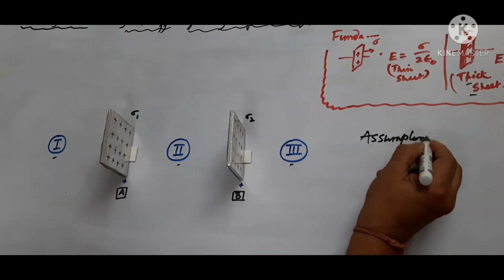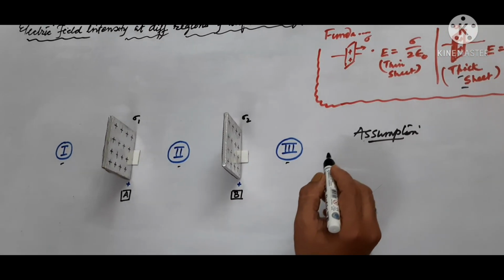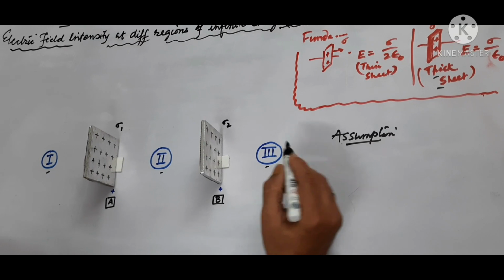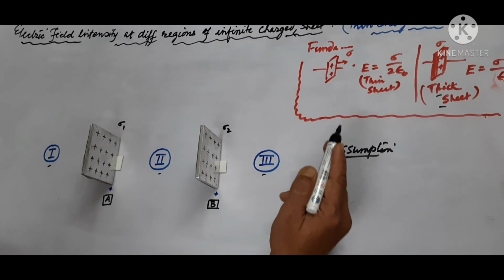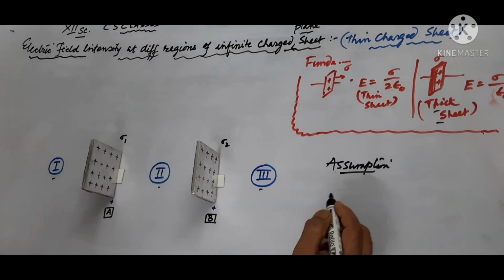Now what is the assumption? We know that electric field intensity is a vector quantity having magnitude as well as direction. Magnitude we know, we are going to find first for the thin sheet.